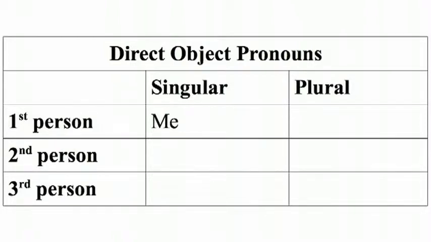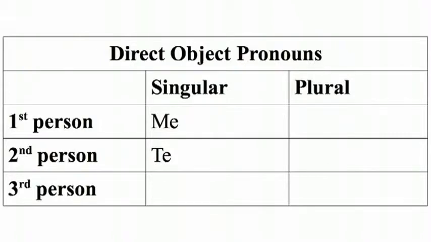Spelled the same, but pronounced in Español. Now, if you are the direct object, like Selena sees you, you would use the direct object pronoun te. Very similar to the personal pronoun tú, but te tells the reader or listener that you are a direct object and not the subject. Nice distinction that Spanish has that English does not.